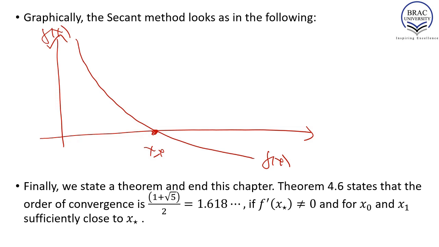We choose x0 here and x1 here, and we draw a line through them using the slope formula. It intersects the axis at this point here. That is what we call x2. Then we go back up to the curve, that is our new point, and then we choose the next point. That is how it works.